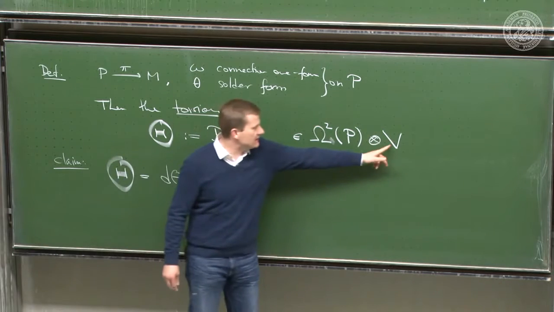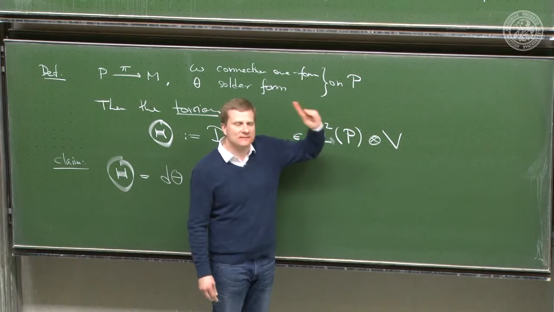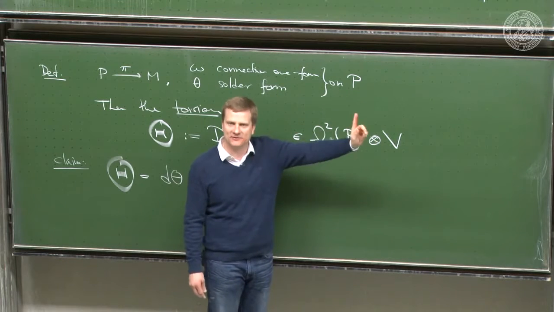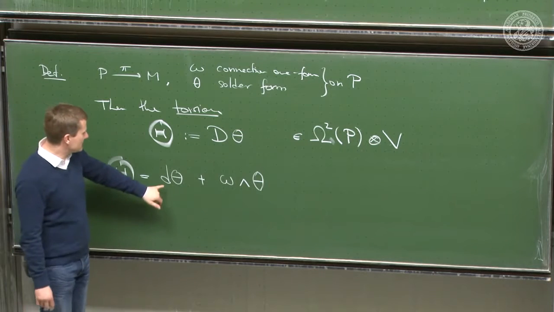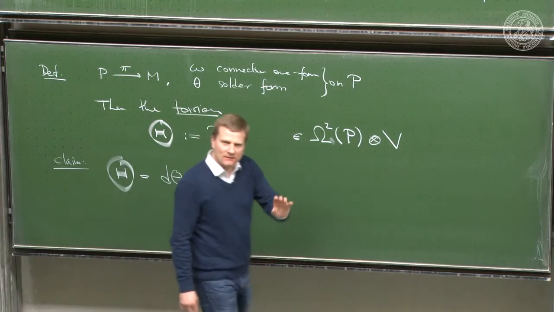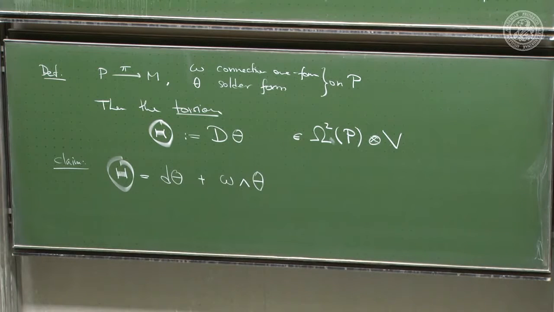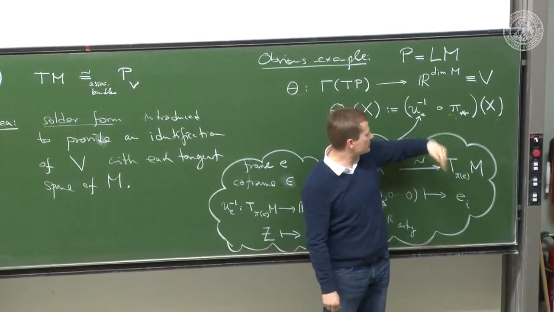I would say there's the index of the V space, but it's nothing but the number of the covector. So one could write this as dε plus ω wedge ε with a slight abuse of notation, because you forget the push forward along the projection.